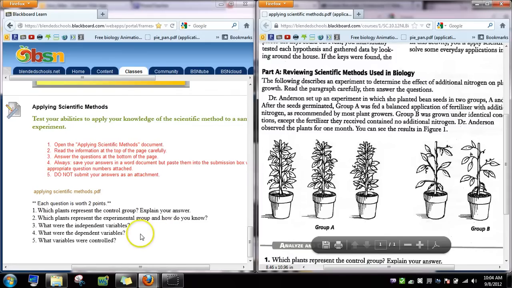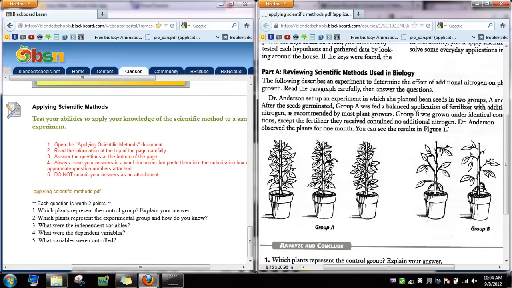And number 5, which variables were controlled? Notice in the paragraph it says both groups were grown under identical conditions except for the fertilizer they received contained no additional nitrogen. So what were those? I want you to list some identical conditions that the plants would need to be under in order to control every other factor except for the fertilizer with extra nitrogen.